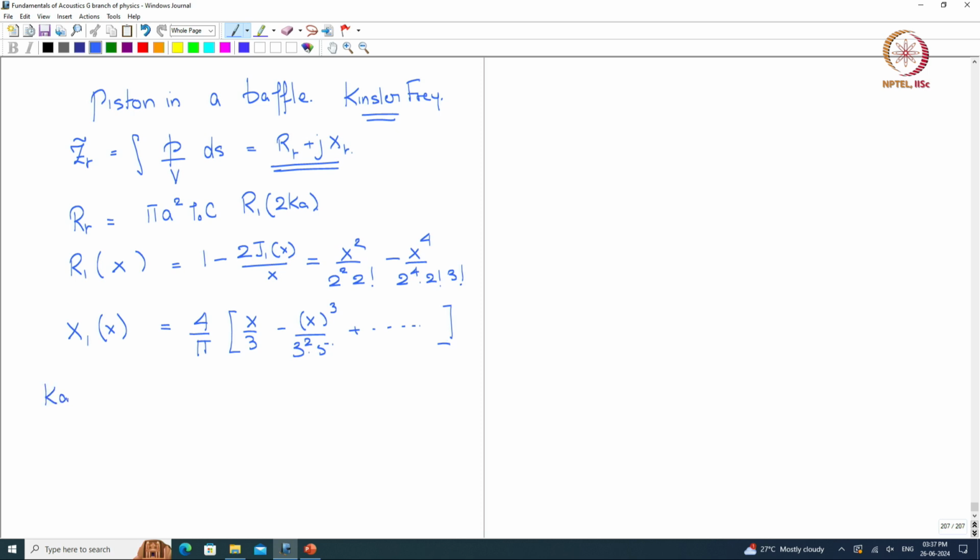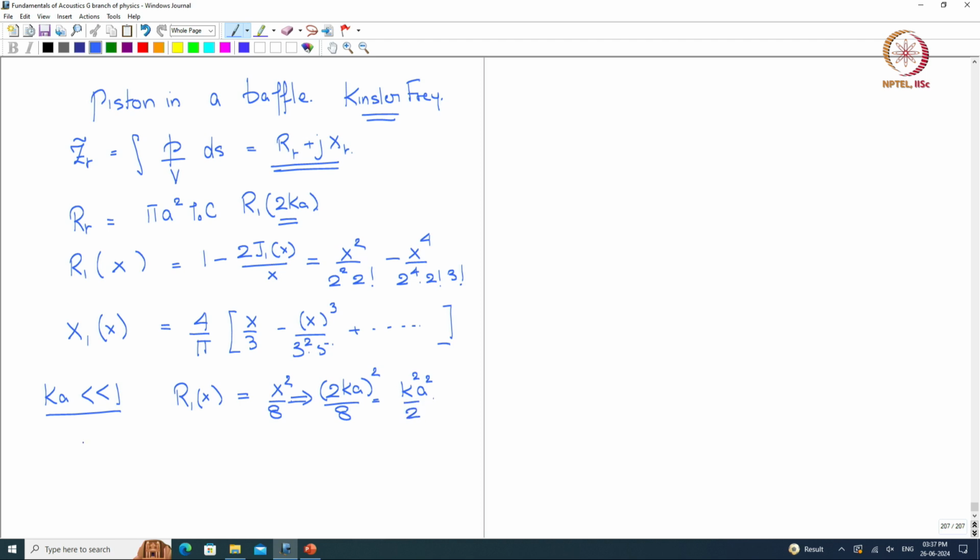Now Ka much less than 1. What do we have? We have R1 of x given by x square by 8, and here we need x equal to 2 ka, so 2 ka whole squared by 8 is equal to k squared a squared by 2.